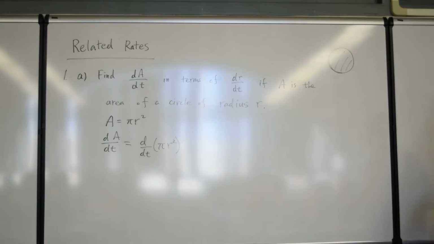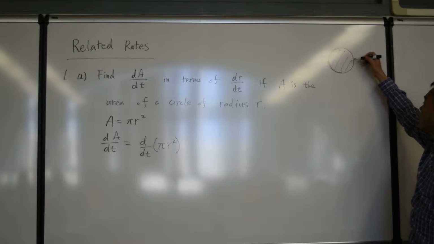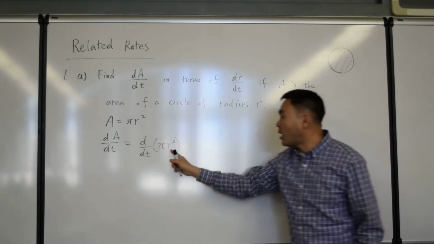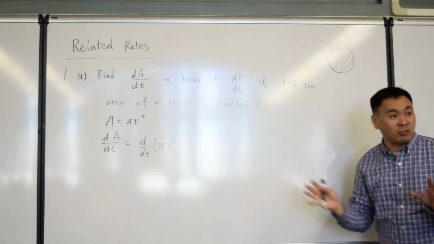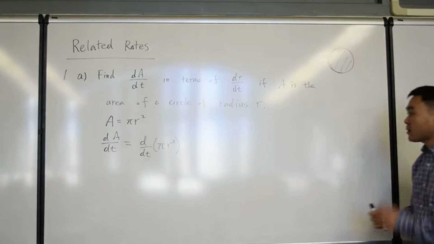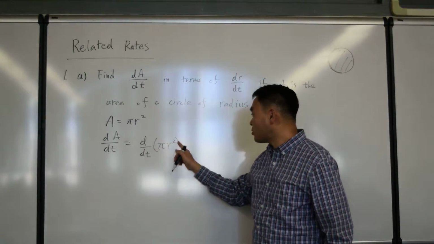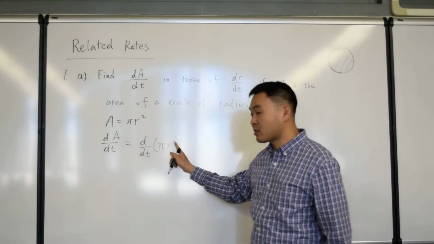That's the question that we will have to ask. And so both r and A are functions of t because they both change as time progresses. Okay? And therefore, when you're differentiating pi r squared, you have to think of r as a function of t that's nested inside the square function.